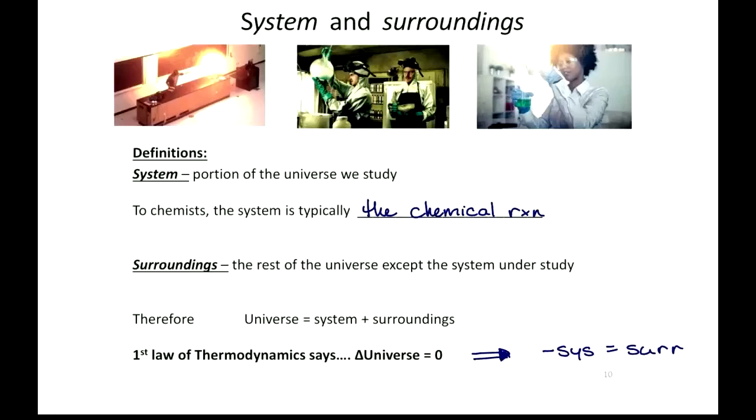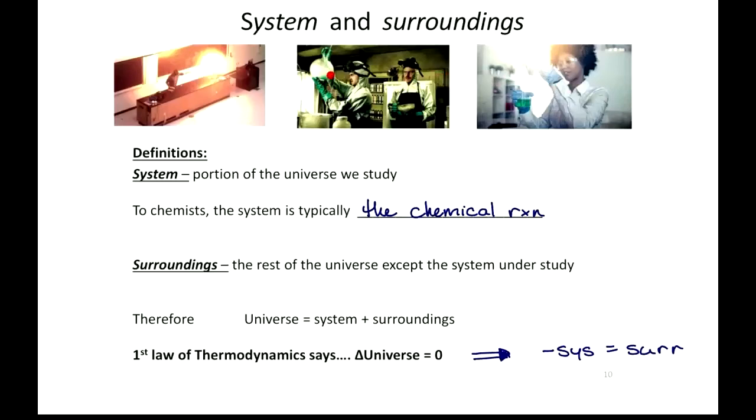talking about and defining system and surroundings. I already mentioned before, as humans, we're really selfish, and we oftentimes think we are the system, but we're not the system. It's the chemical reaction that's the system.